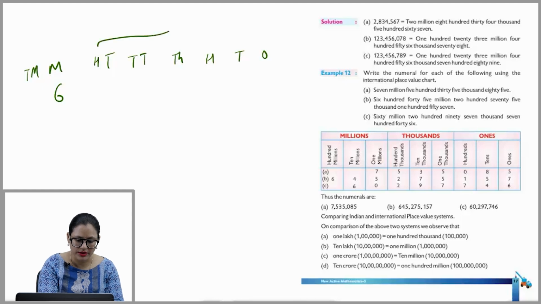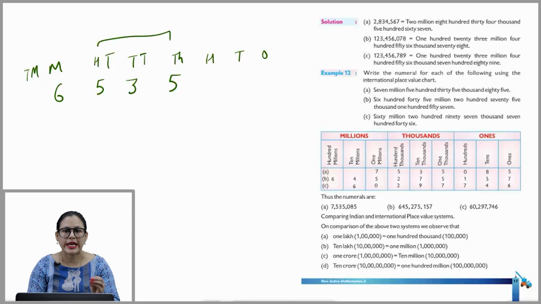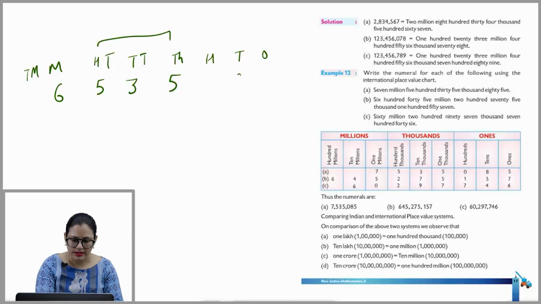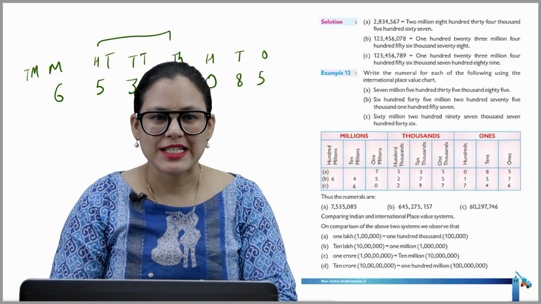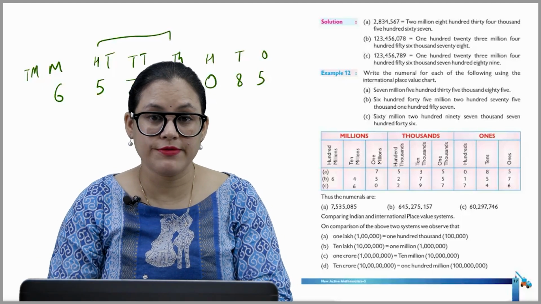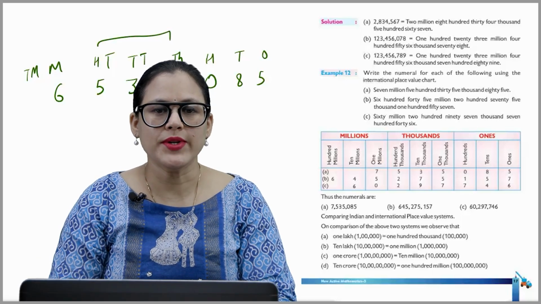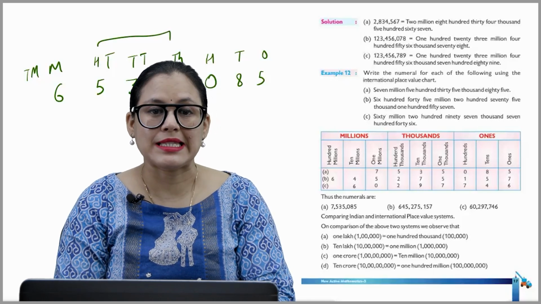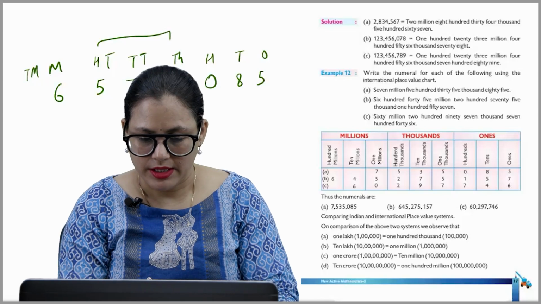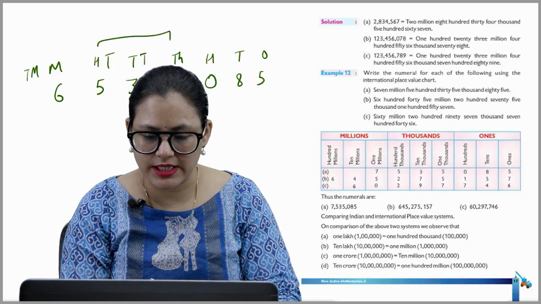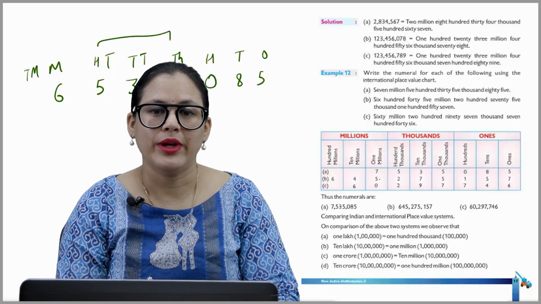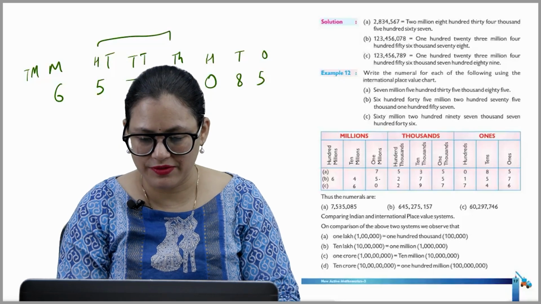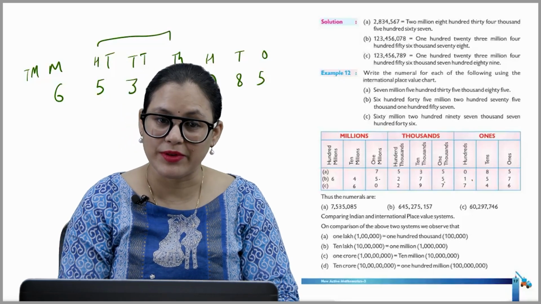So this is the thousands period, 535,000, and then we have 85, means this, and here we will write a 0. B part, 645,275,157. So here it is 645 million. So in the millions period we will write 645, and then we have 275,157, right?